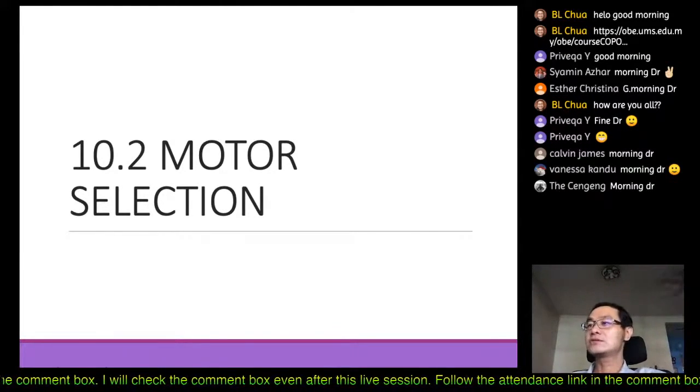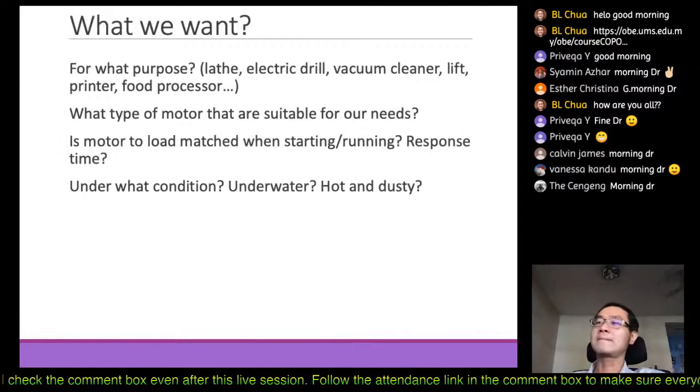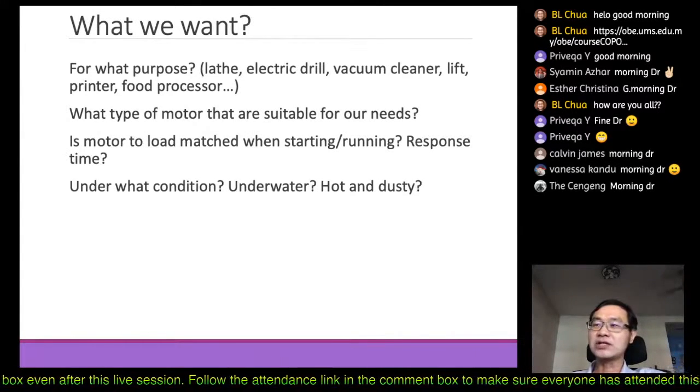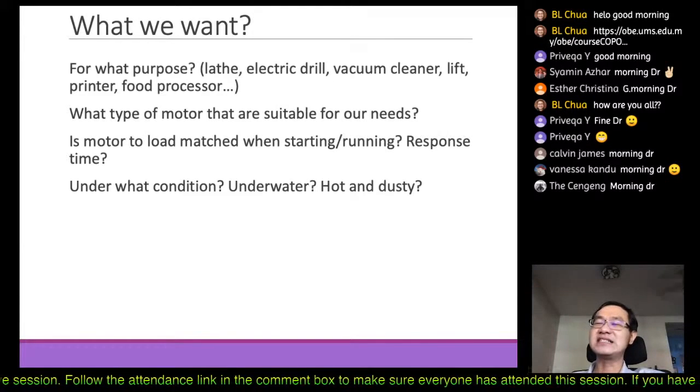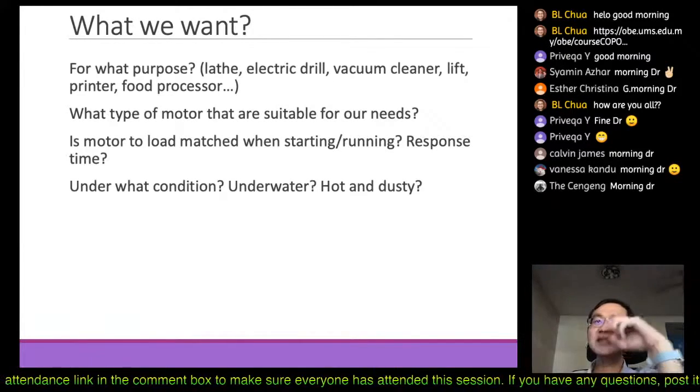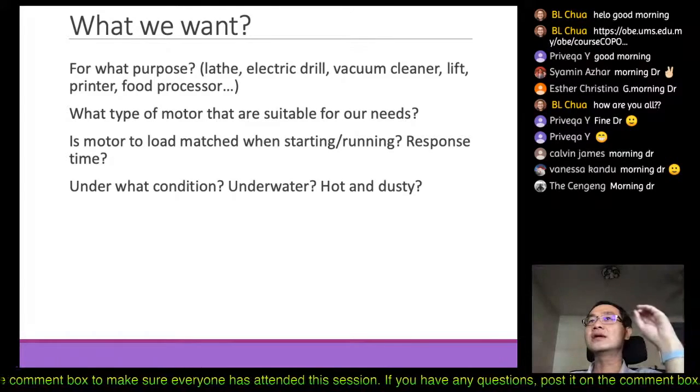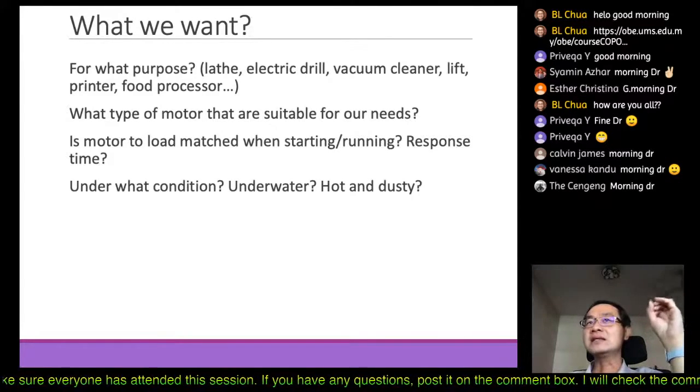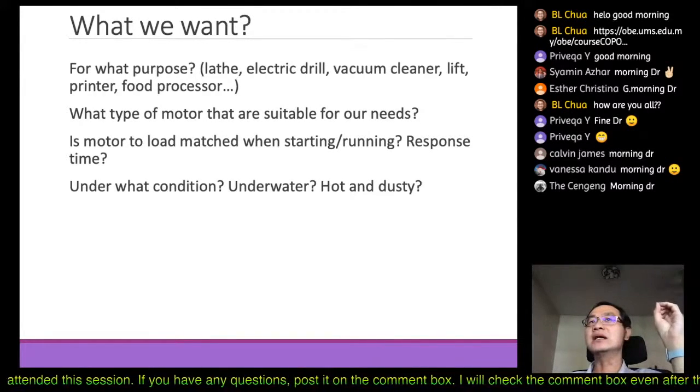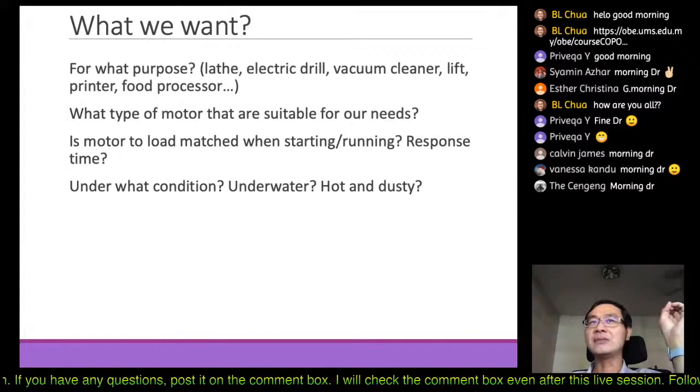So now we will continue with the motor selection. When we do motor selection, it's like a design. Even though we don't design the motor now, it is our task as an engineer to be able to select.